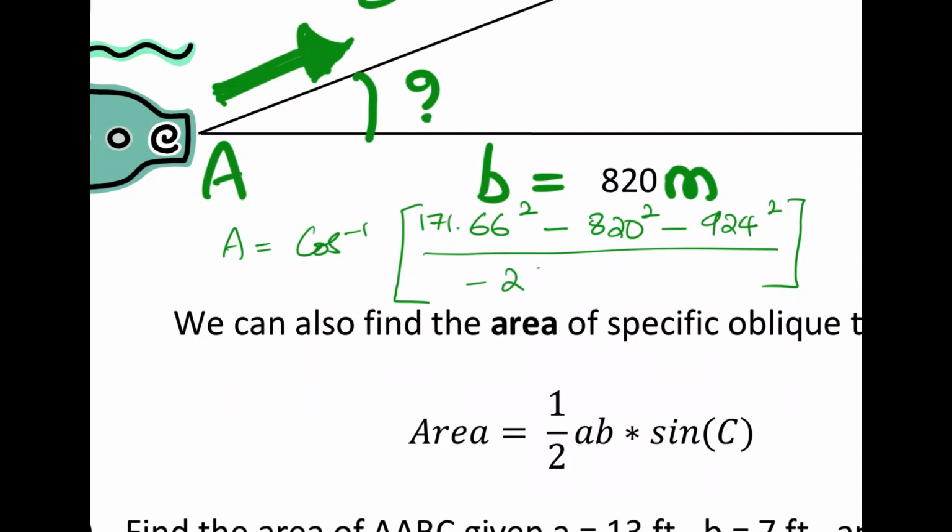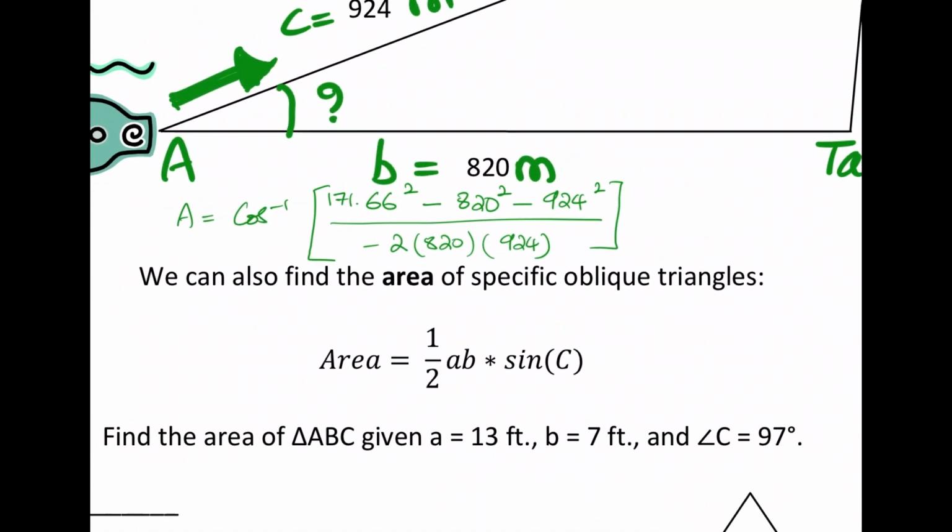So negative 2 times B times C. So it's just a one-step problem once you figure out what is given and what is being asked. So again, go ahead and try this on your calculators and then come back and check your answer. And the answer I have in this case for angle A is 8.999 degrees.